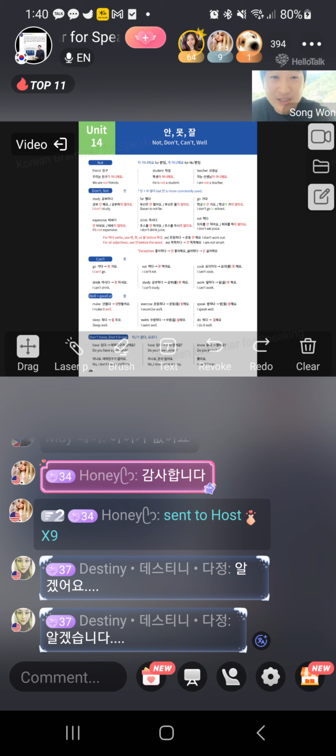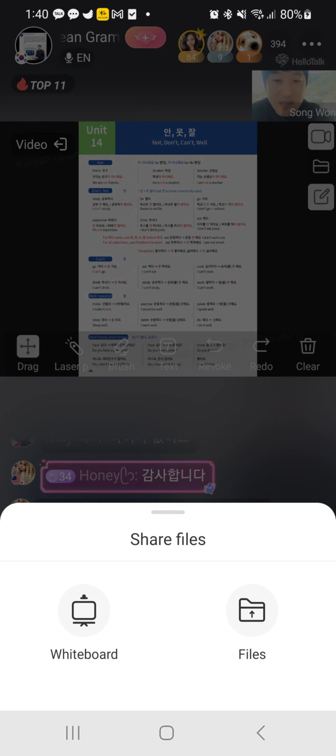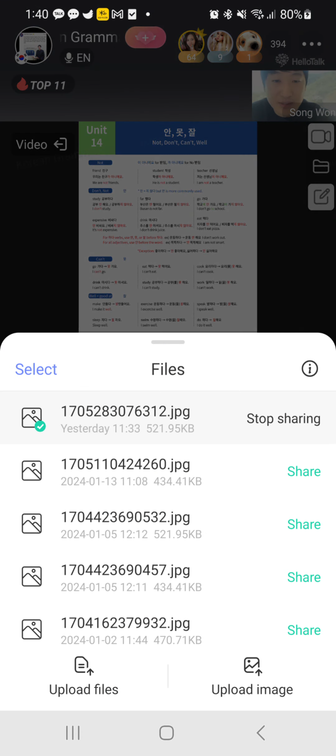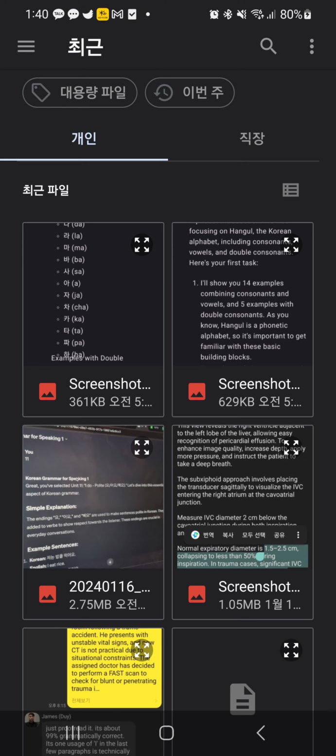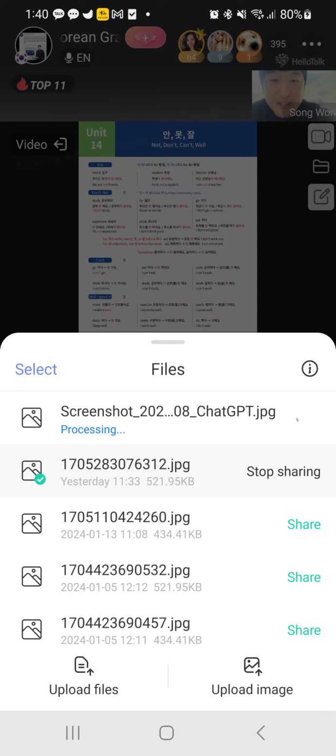All right. So this is all about Unit 14, and this probably would be good news. So I would like to share one image before we finish the class. So here's the thing.